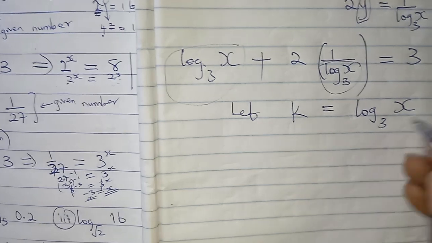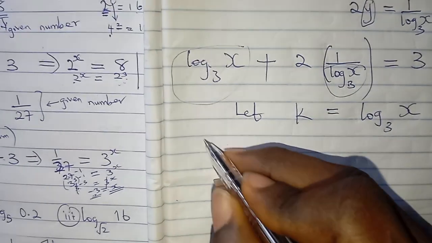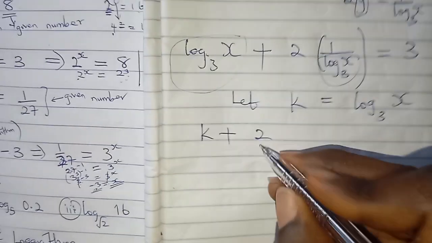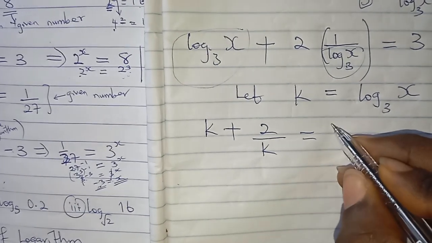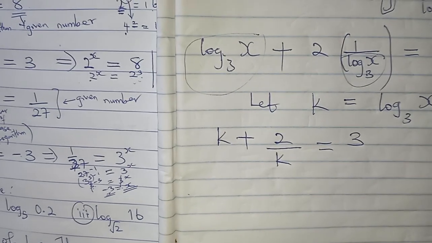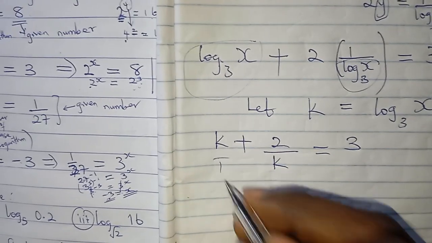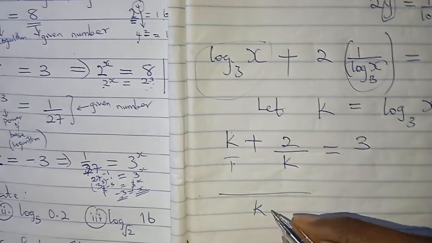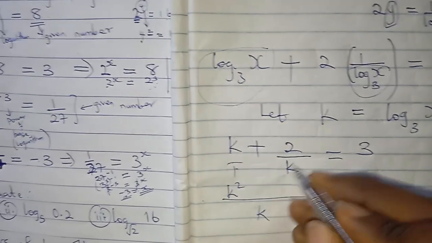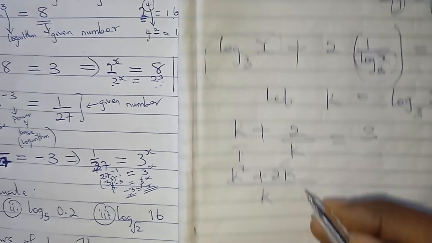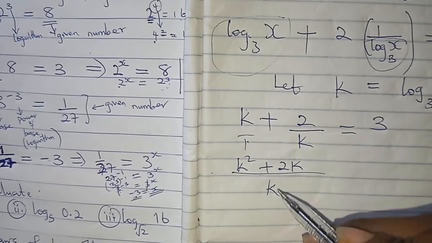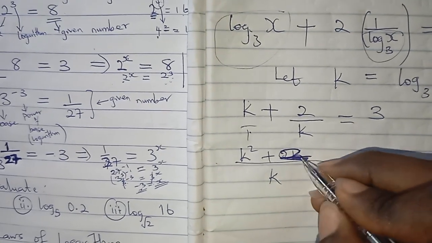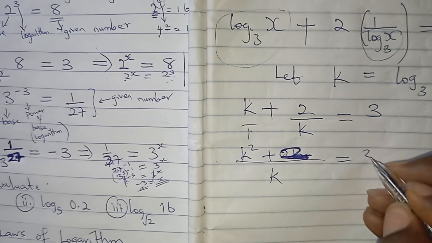So I now have this. If this is k, this now becomes k plus 2 over k equals to 3. Notice that once I have plus here, LCM takes place. So k into this becomes k square, plus 2.